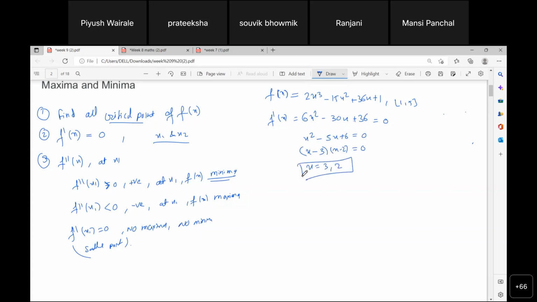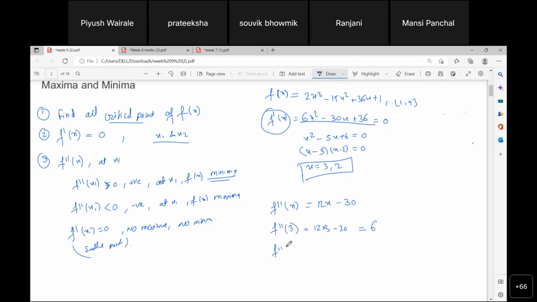Now, in order to check whether this function f of x at a particular point returns the maximum or minimum value, I have to take the second derivative. So f double dash of x will be 12x minus 30. Now put in x equals 3: f double dash of 3 is 12 into 3 minus 30, which equals 6.